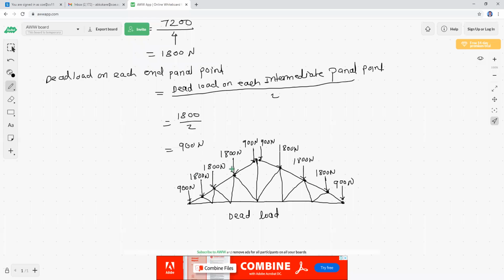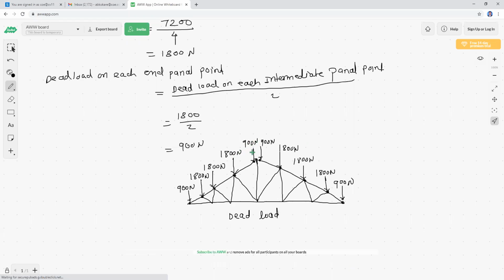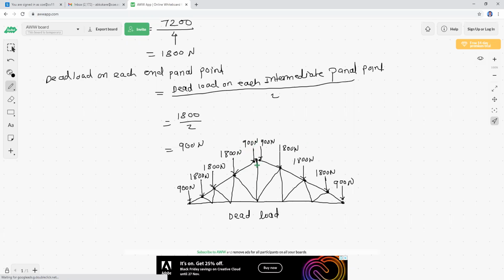This is the truss you are designing, and on this truss this much dead load is coming. 1800 Newton is the dead load coming on the intermediate panel point, and 900 Newton on the end panel point. So in this way you have to show the sketch of the dead load.